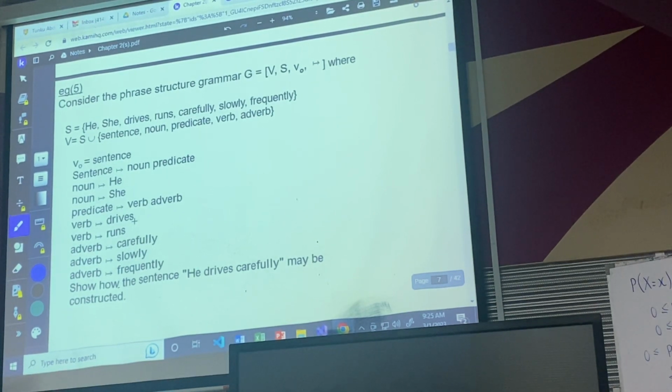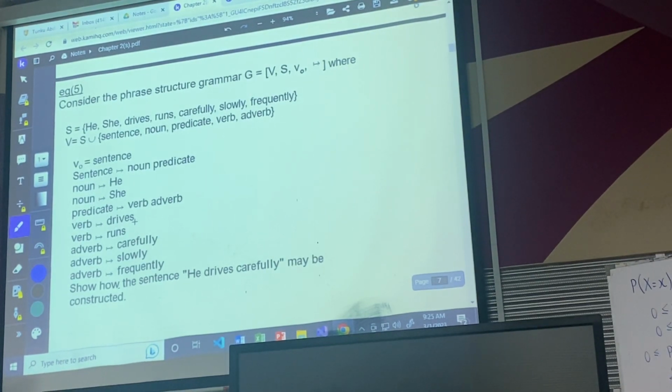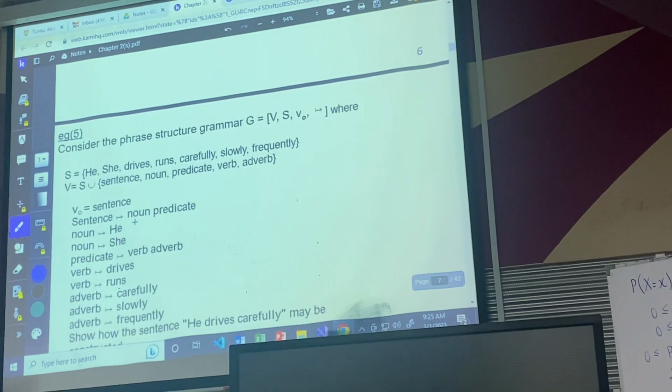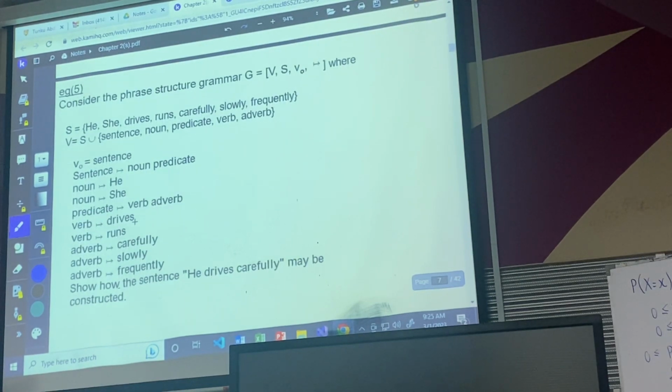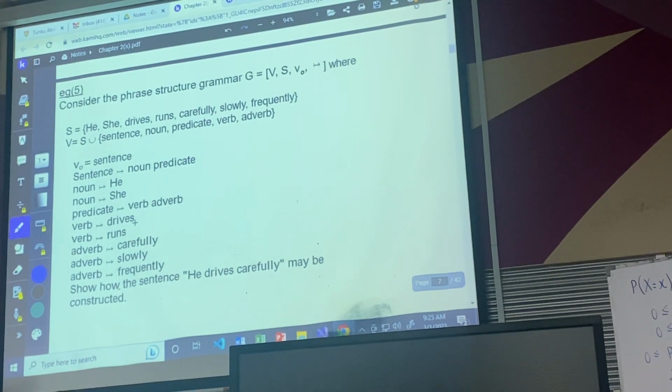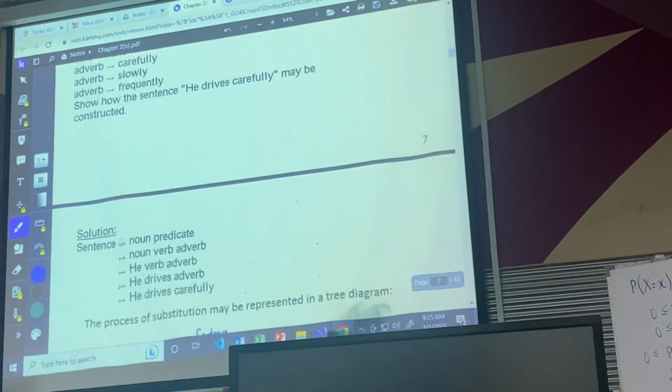Can we say he runs frequently? Yes? Also acceptable, right? Okay. All together, how many sentences can we form? How many sentences?